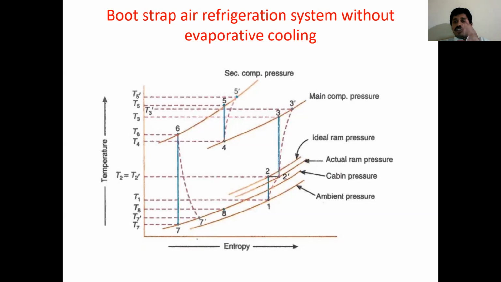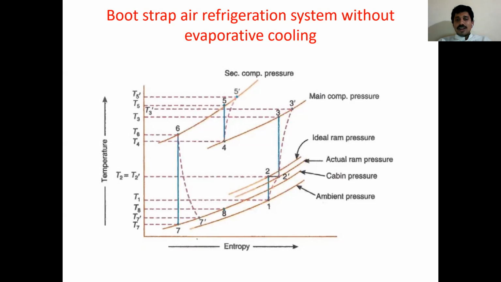Equation-wise, m Cp (T3 dash minus T2 dash) for the main compressor is the compressor work value, plus m Cp (T5 dash minus T4) for the secondary compressor work. The combination of these two works will give the total compressor work. This is called the power required to drive the compressor.